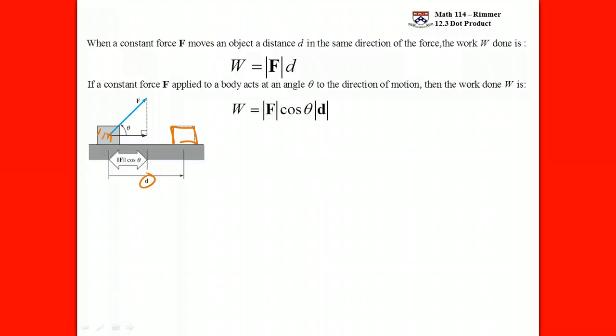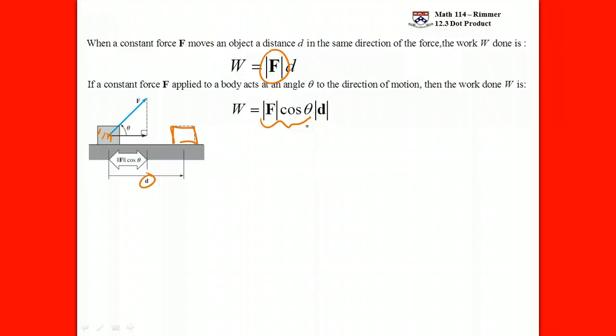How long is that? It's this distance here, magnitude F times cosine theta, then times the d. I have one magnitude, I have another magnitude, and I have the cosine of the angle between them.